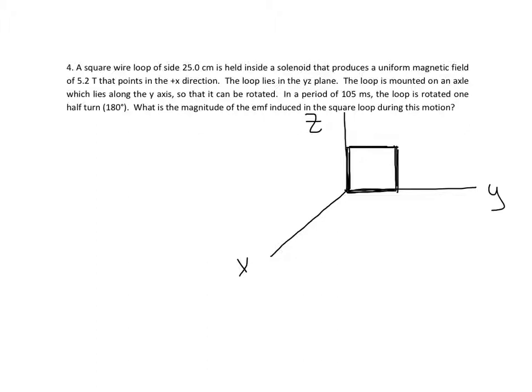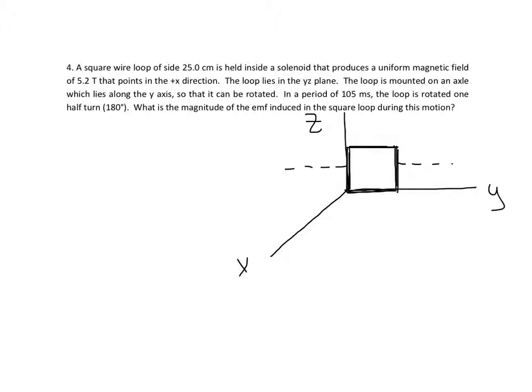It's on an axle which lies along the y-axis, so that it can be rotated. In a period of 105 milliseconds, it's rotated once around that axis. And you're to determine the magnitude of the EMF. You don't have to determine the direction, just the magnitude.